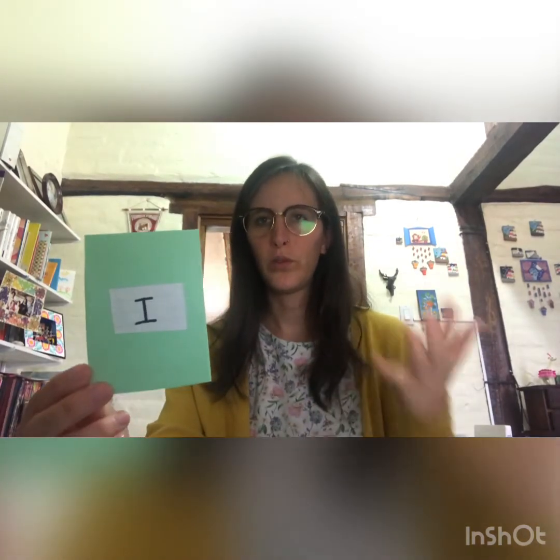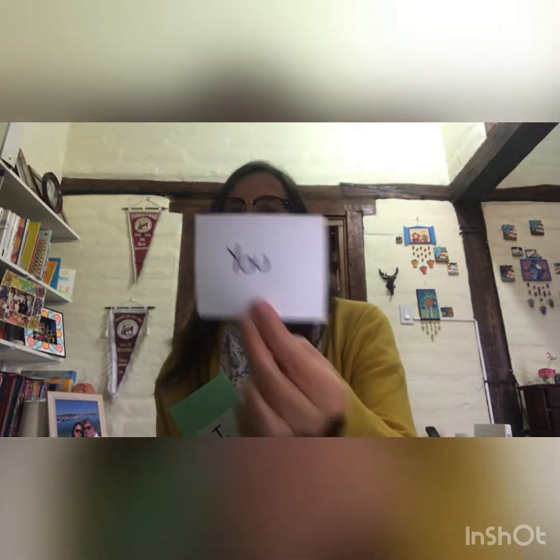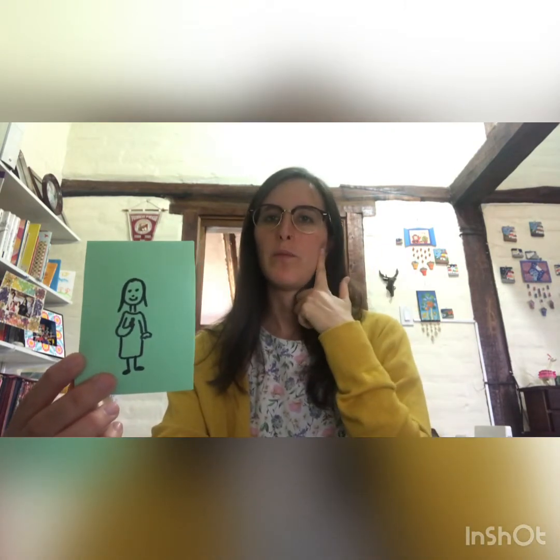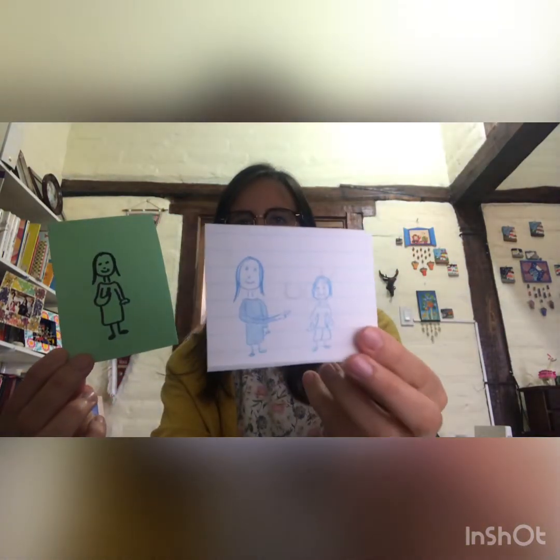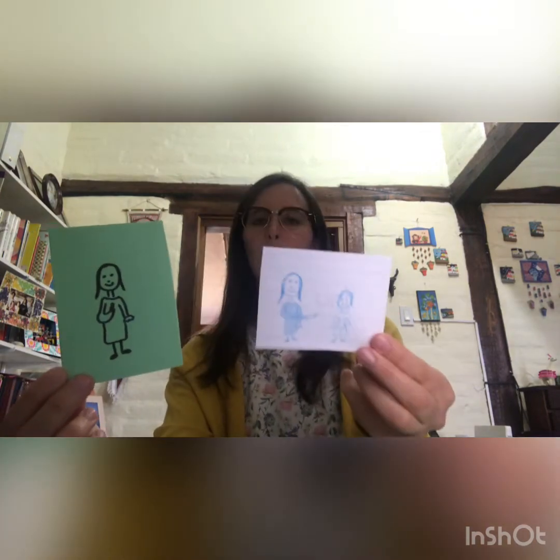So you can either show the word and they have to say I, or you show them you and they have to say you. Okay, the other way to do this is to simply show the drawing and the students have to remember what it is, and you can say this is, and they have to say I. And then if you show them the other drawing, they have to say, oh, that's you.